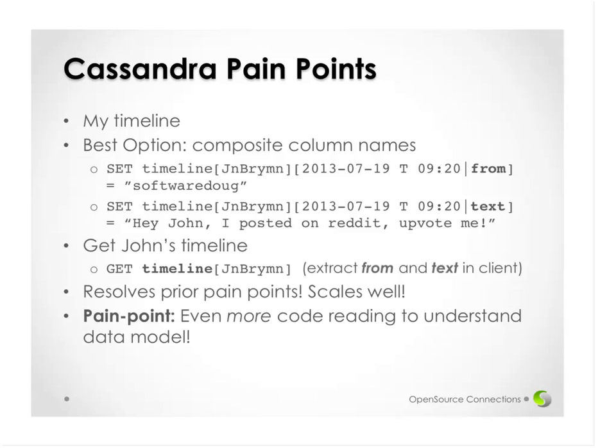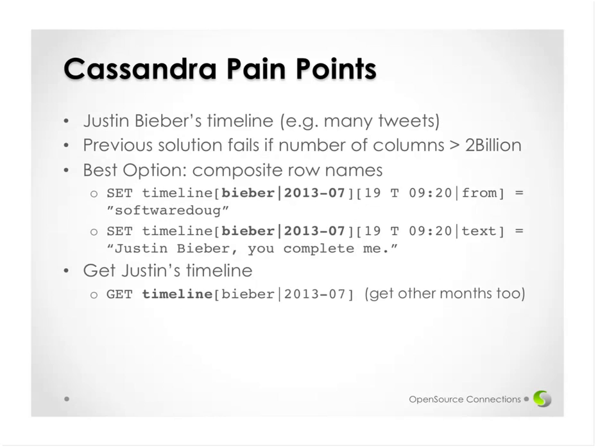With the composite column name, there's even more code reading to wrap your mind around what's going on. And so what you'll find a lot of times is people building their own basically ORMs in front of this stuff. One last pain point, in the interest of time, I'll just rush through it.